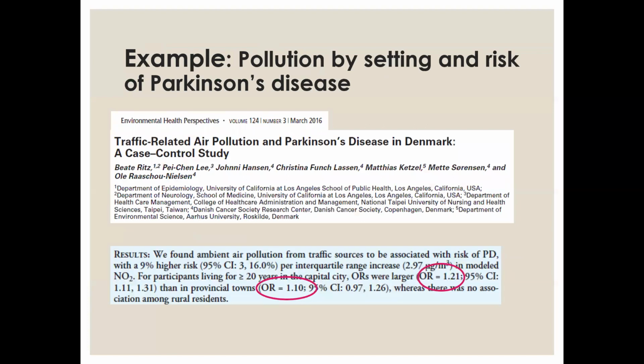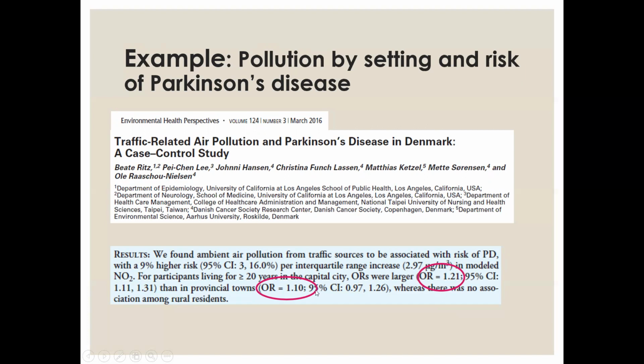And here you see that they're looking at traffic noise, right? And Parkinson's disease. And they're saying with air pollution associated with risk of Parkinson's disease, for participants that were greater than 20 years living in the city, their risk due to pollution was 1.21, right? And more than those in towns.